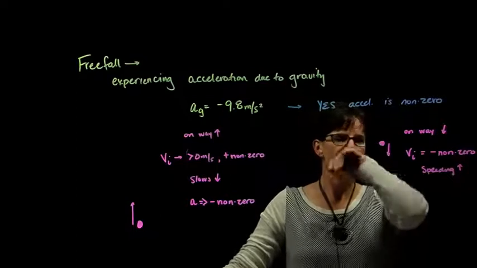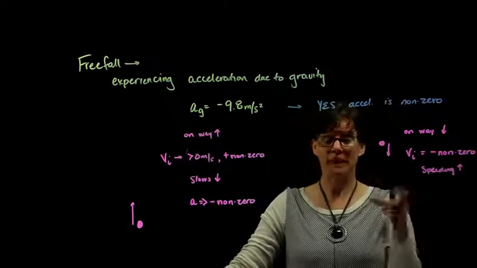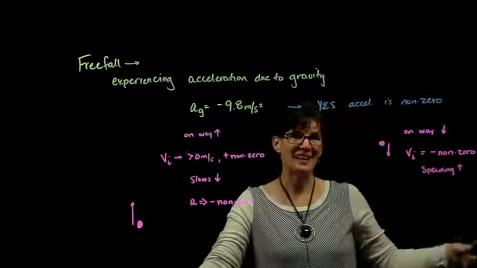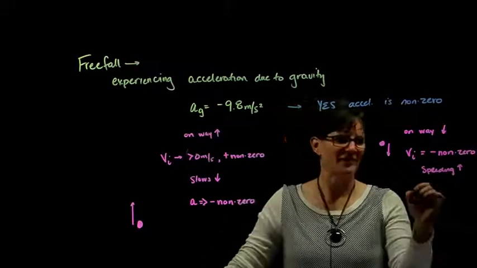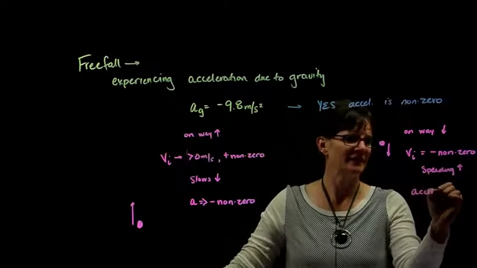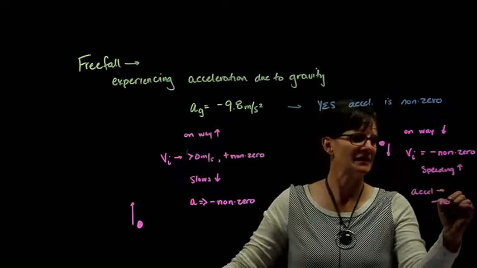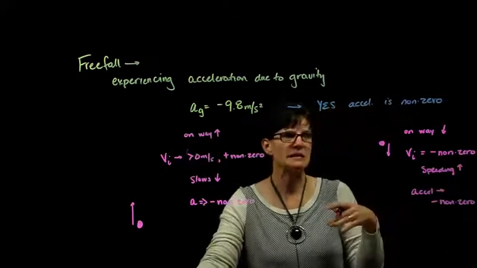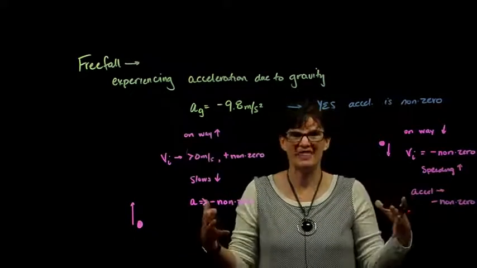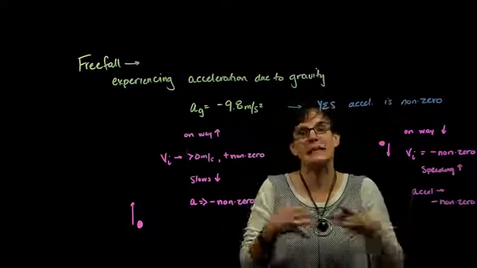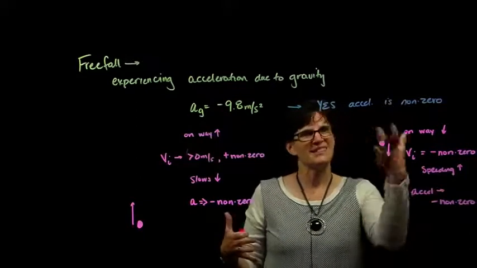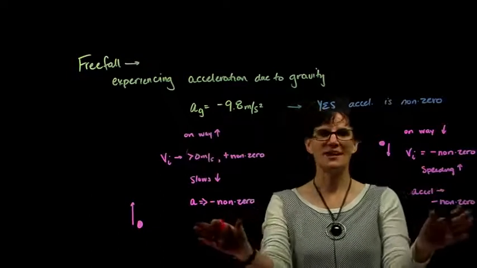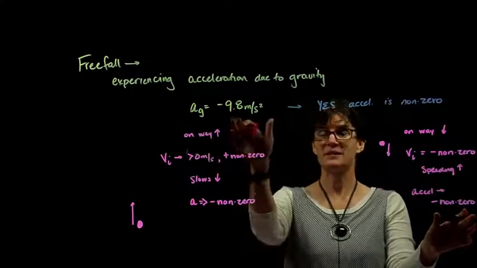So that means that the object's value is getting bigger and bigger negative. So to do that, I have to add more negative. So I have to have an acceleration that is negative non-zero. Now, that's one way to think of it. The other is to remember that if I'm speeding up, my velocity and my acceleration are in the same direction. The acceleration is helping the velocity get bigger. And so if it's negative, then my acceleration has to be negative. So in both the ups and the downs, I have a negative non-zero. Okay, so I'm consistent with my free fall idea.